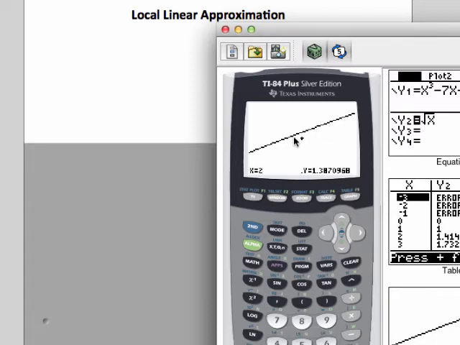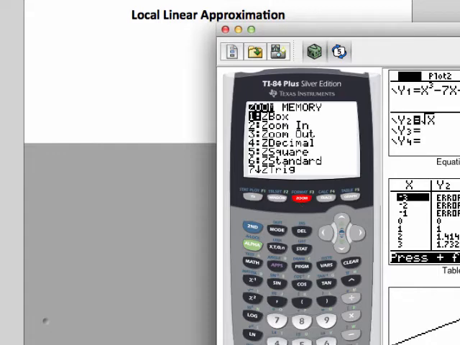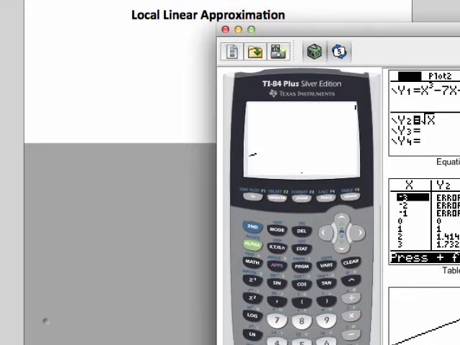Okay, and this is the idea of linear approximation. Let me just do it one more time. At x equals 2, I'm going to zoom in even further. It appears that the graph is a straight line at this point, and that's the idea of linear approximation. If you are really close, zoomed in at x equals 2, then a tangent line at x equals 2 would approximate the graph at that point.